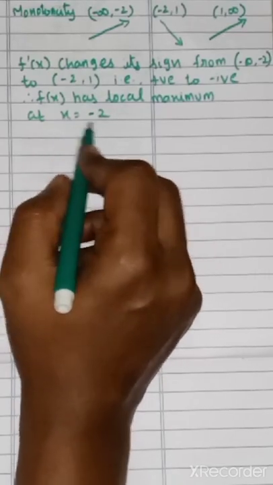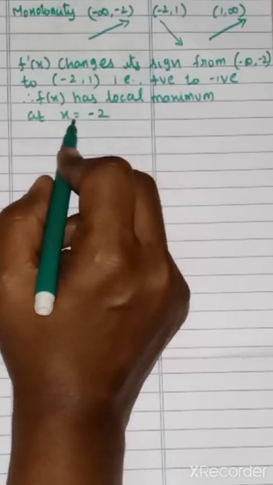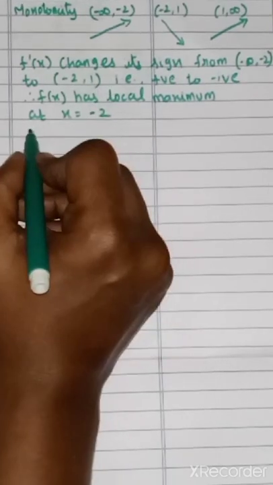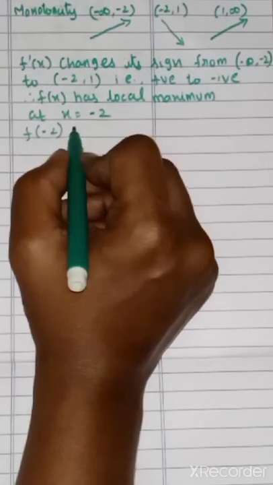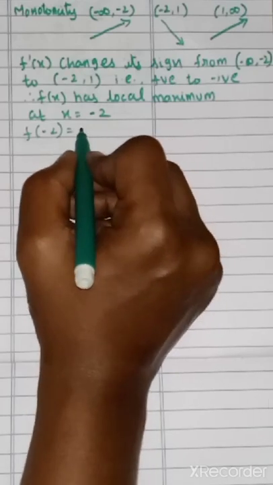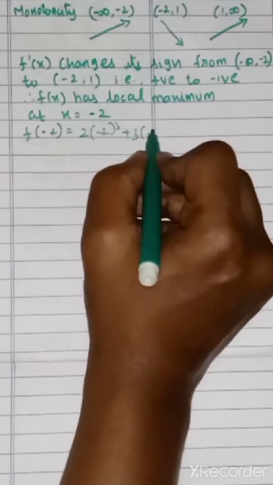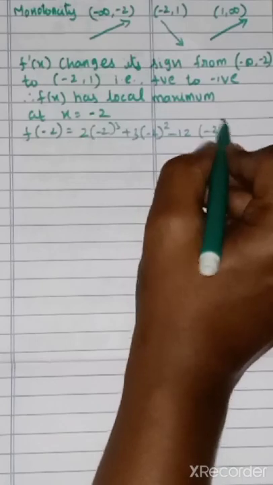Now we have to find the maximum value. To find the maximum value, we are going to substitute x equal to minus 2 in f of x. So f of minus 2, that is the given function: 2 into minus 2 cube plus 3 into minus 2 square minus 12 into minus 2.